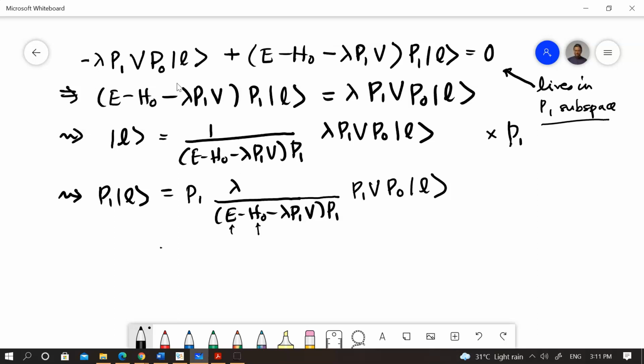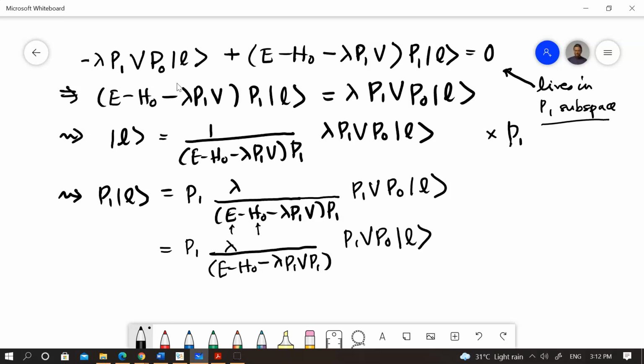So I can now say that this can be given as follows: E minus H naught minus lambda P1 V P1 and P1 V P naught. This brings us almost to the same equation that we had in the notes and the book.